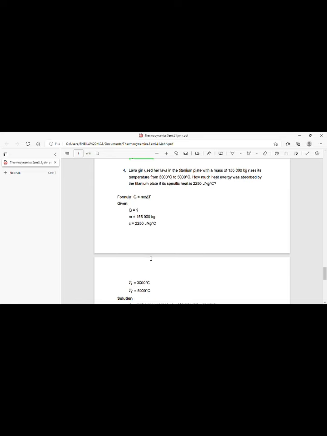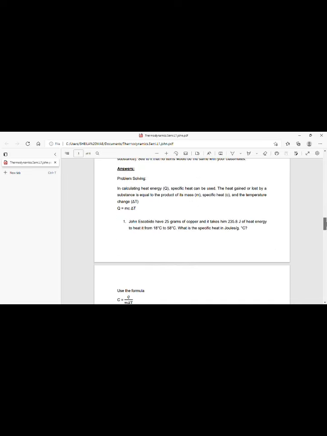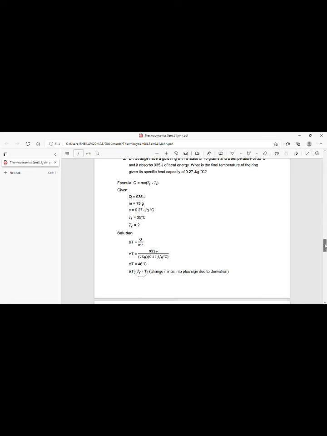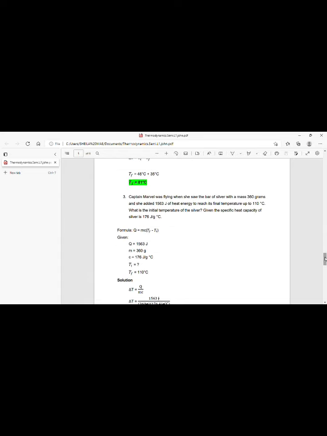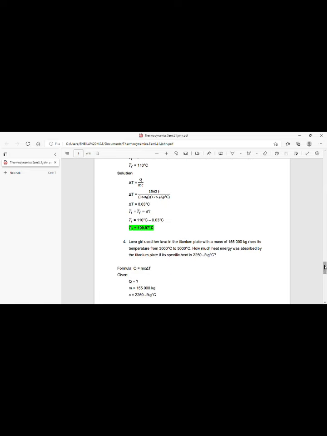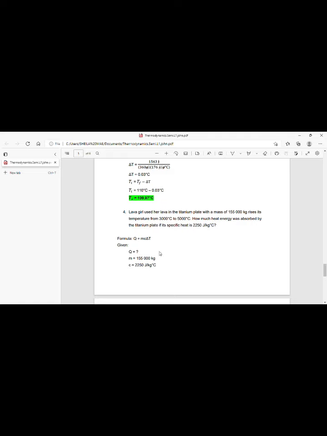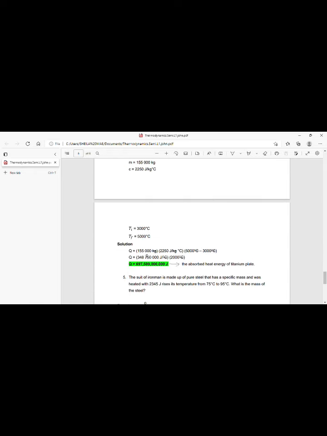The problem here is not the same as problem number 1. The heat energy is what is missing here.